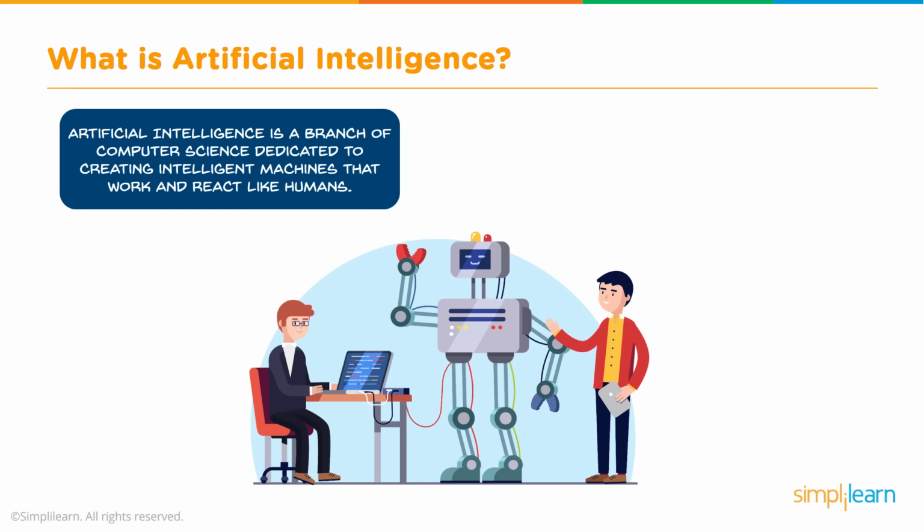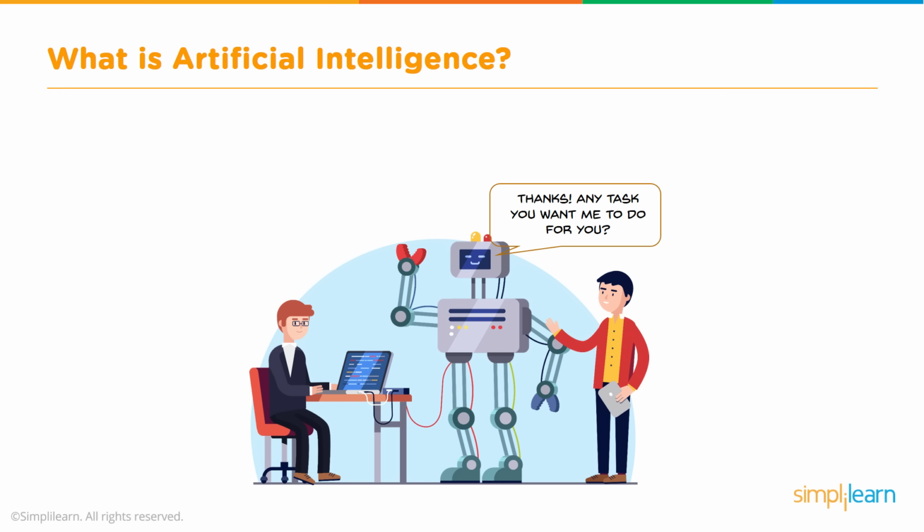Artificial intelligence is a branch of computer science dedicated to creating intelligent machines that work and react like humans. In today's place where we're at with artificial intelligence, I really want to highlight the fact that they work and react like humans, because that is where the development of artificial intelligence is, and that's what we're comparing it to, is how it looks next to a human.